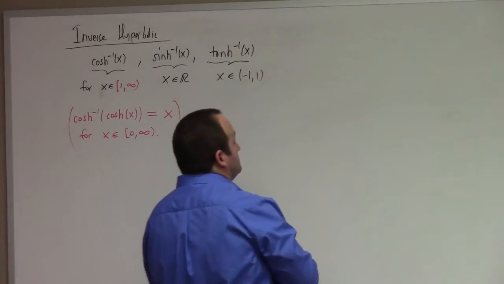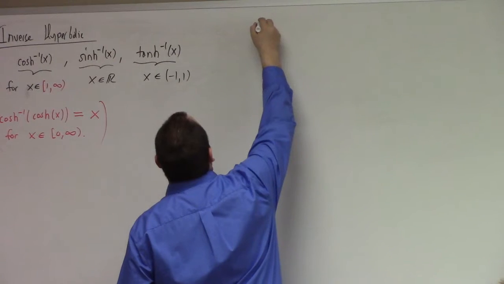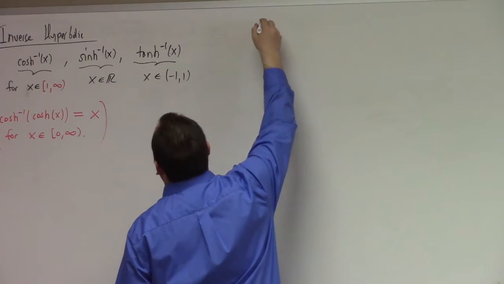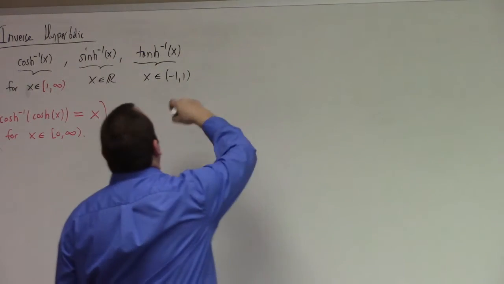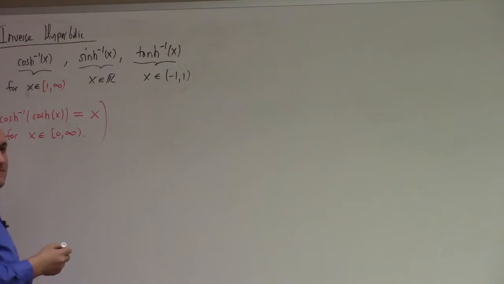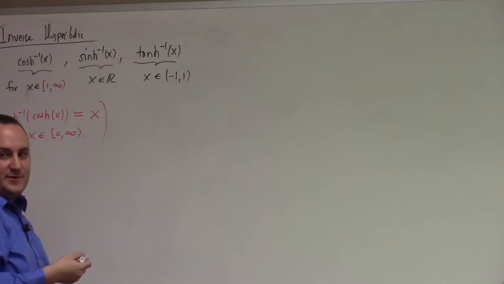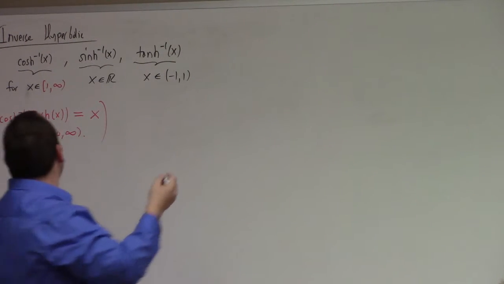Now, of course we want to differentiate these things. So which one do you want to do first, cosh or tan? I'll do two of these. One of them will be tangent, the other one will be cosh or sinh. Which one comes first? It's your choice. Cosh, all right.